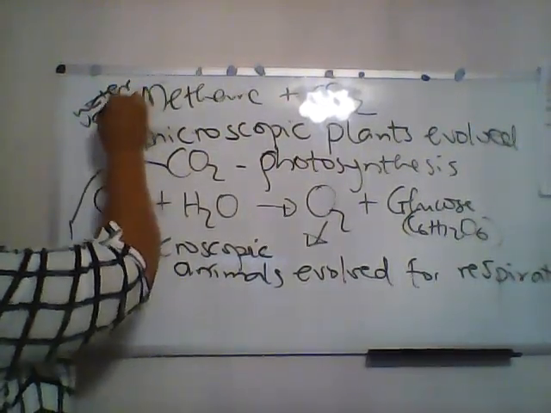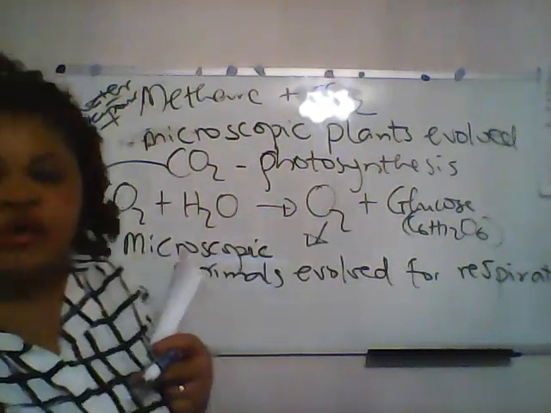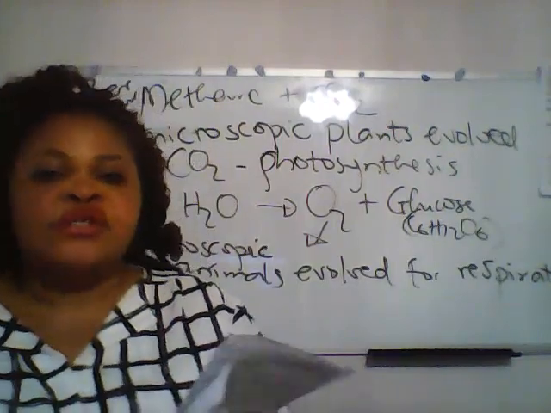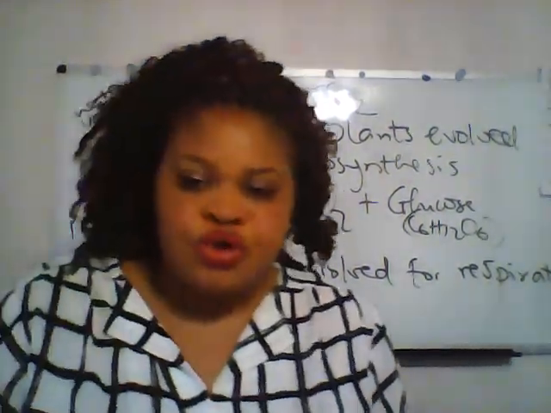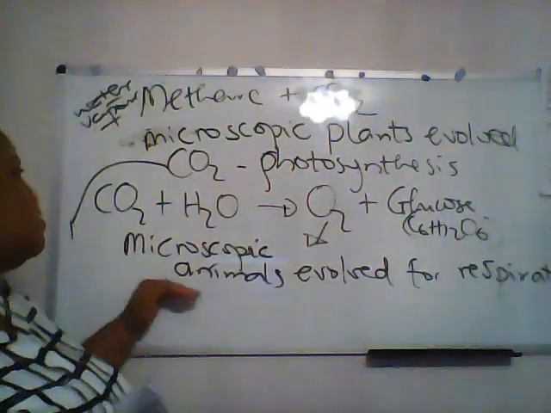There was also water vapor in the early atmosphere. That water vapor, scientists tell us, condensed. So the process of condensation led to oceans, all right? And these oceans were where you find some of the CO2.